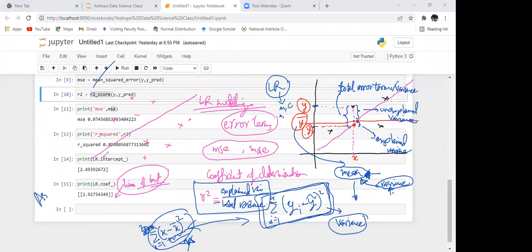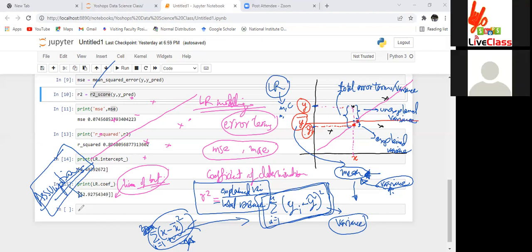Assumptions. Before even thinking of using linear regression for your data set, you have to understand what assumptions have to hold so your linear regression model works faithfully for your data set. That is another significant thing that you have to understand. We will cover assumptions next time when we deal with that data set.